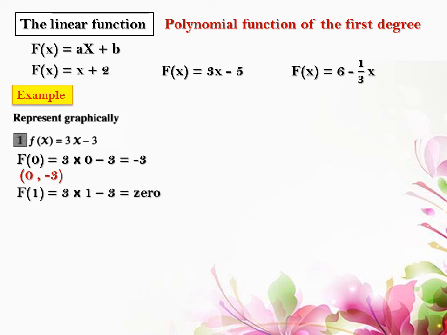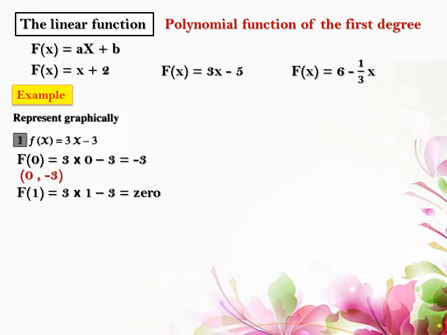The second value 1, if we replace x by 1, f of 1 equals 3 times 1 minus 3 equals 0. x is 1, y is 0. The number inside the brackets is x, and the result is y, or f of x.